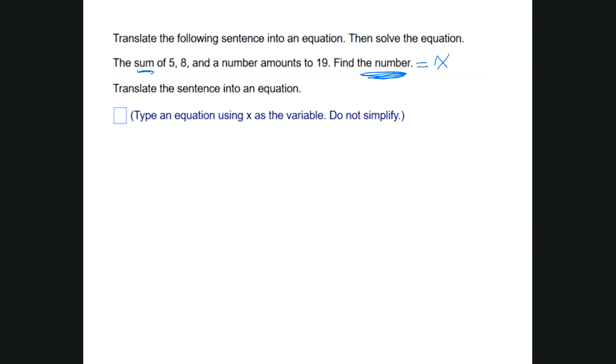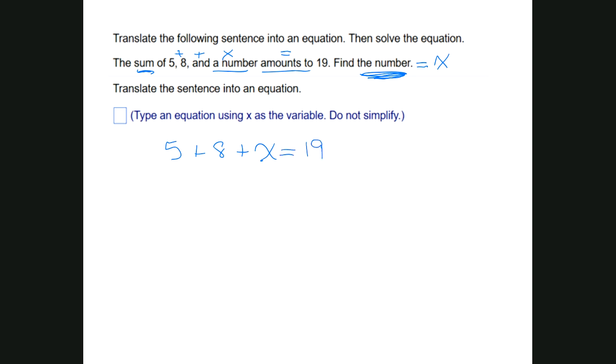Think of every comma as a plus sign. 5 plus 8 plus a number which is x. Amounts to is the same as is, 19. So this leaves me with 5 plus 8 plus x equals 19.